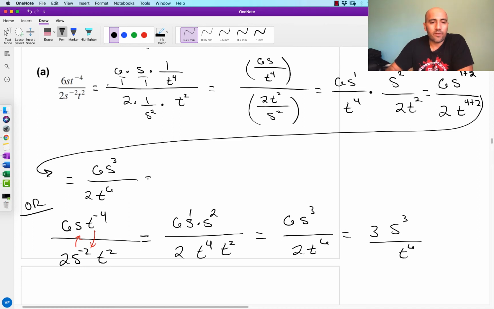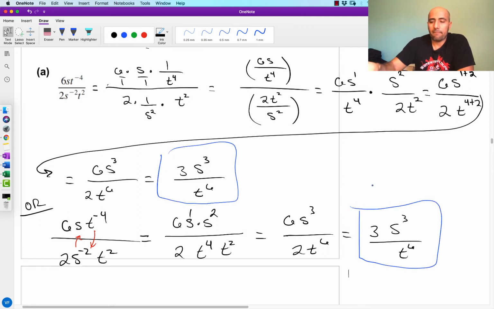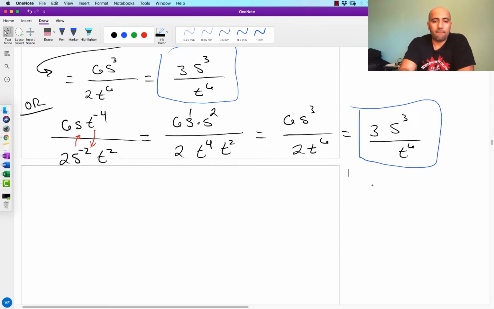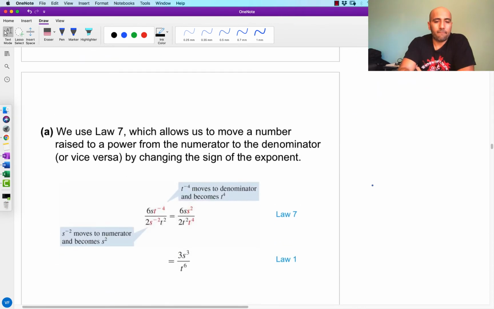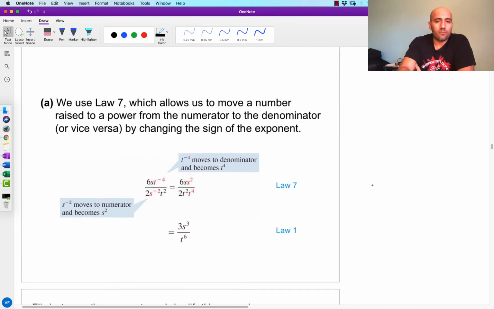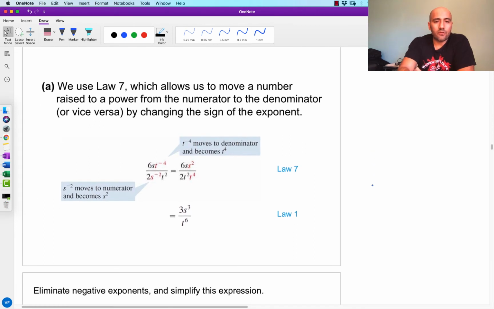Which is the same thing over here, we can reduce that. 3s to the 3rd power over t to the 6th power. Okay, so this is the author's solution for that one.